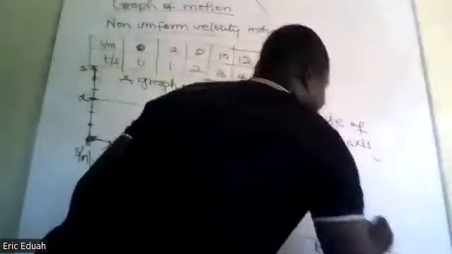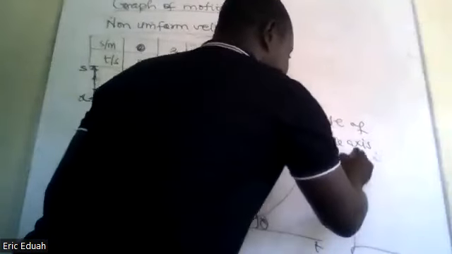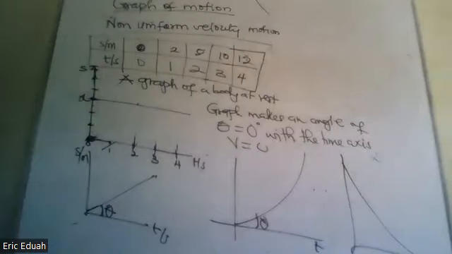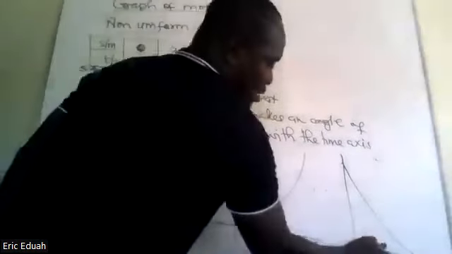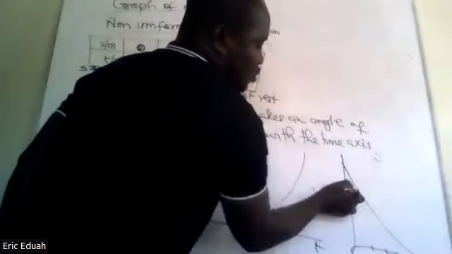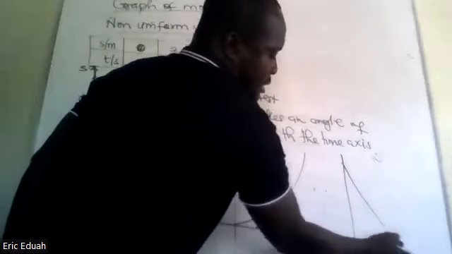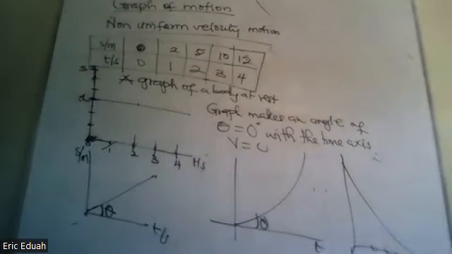Then, if you have this situation, look at what is happening. As time goes on, what is happening to the angle between the time axis and the curve? Decreasing.